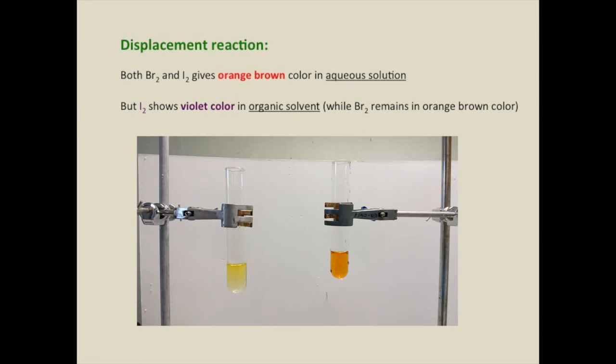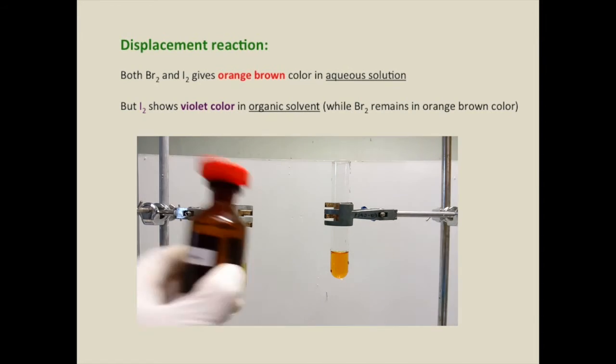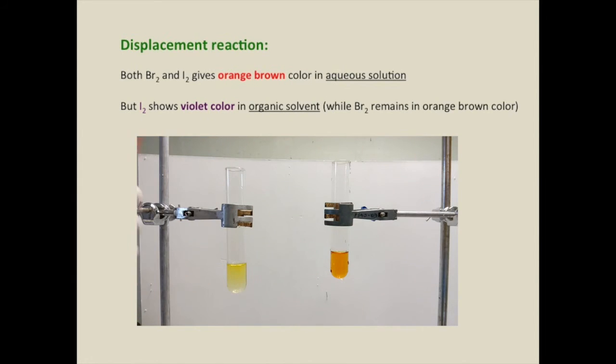Now, I have prepared an organic solvent, which is hexane. So let's see the color change of halogen in the organic solution.